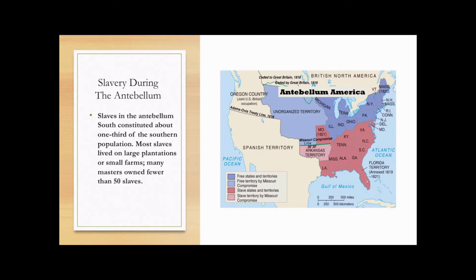In the antebellum South, about 1/3 of the Southern population, mostly slaves, lived on large plantations or small farms, and many masters owned fewer than 50 slaves. They were usually prohibited from learning to read or write, and their behavior and movement was restricted.